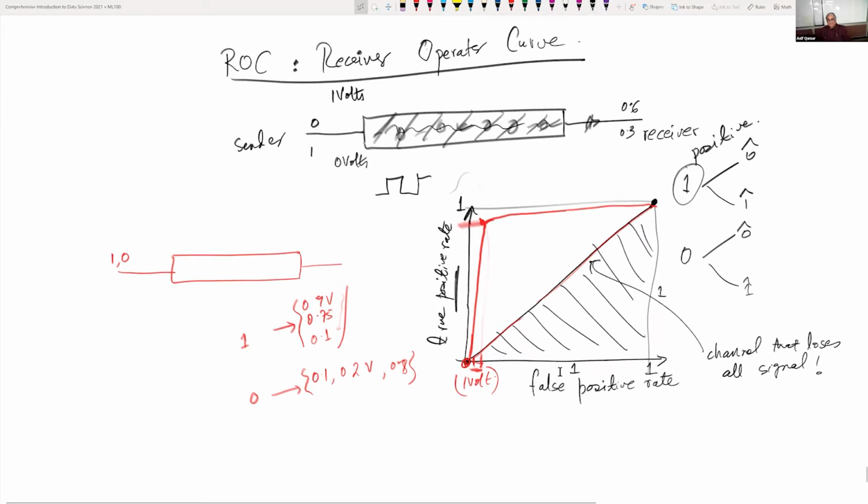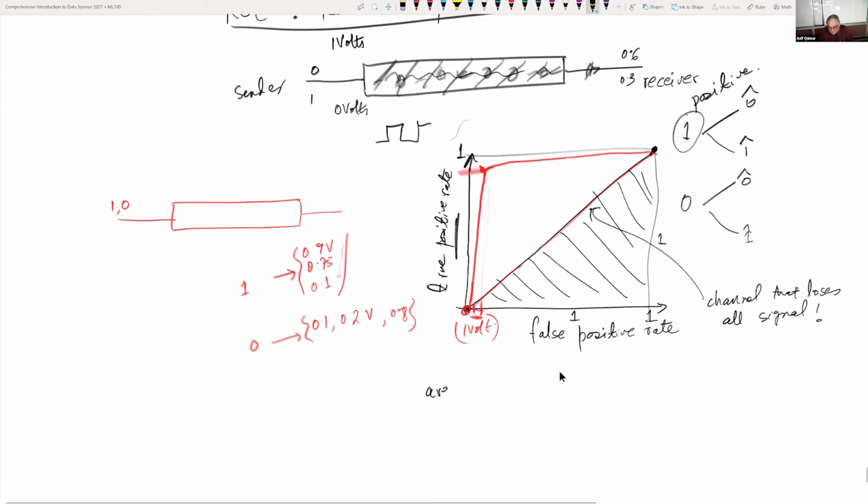So what happens is that the area of what I'll call a dummy classifier, which is just making random guesses, is 1. So the area under the curve for a useless classifier is the straight line type, isn't it?